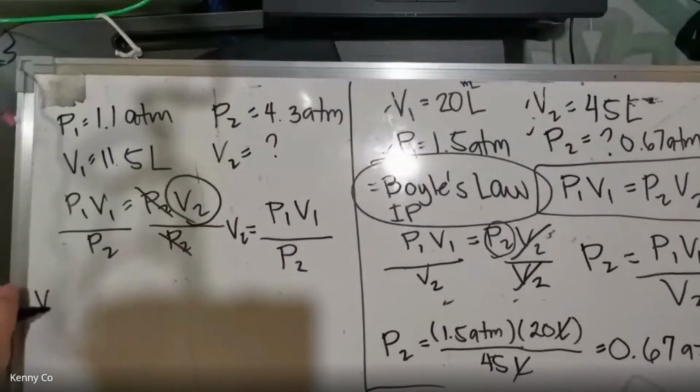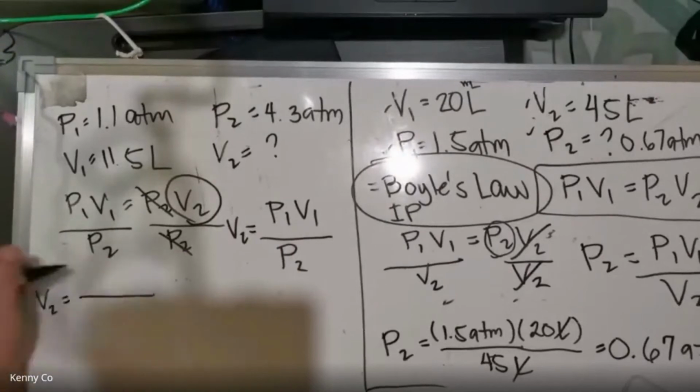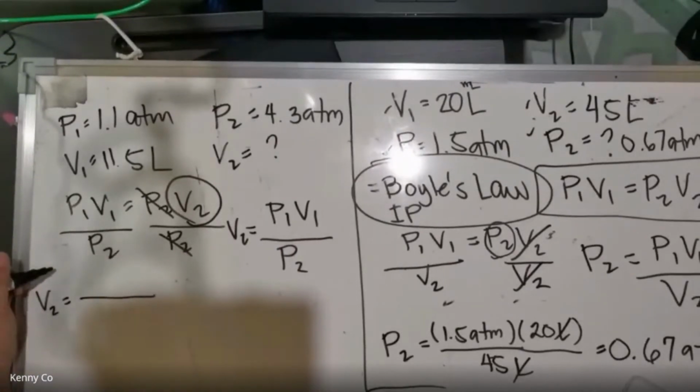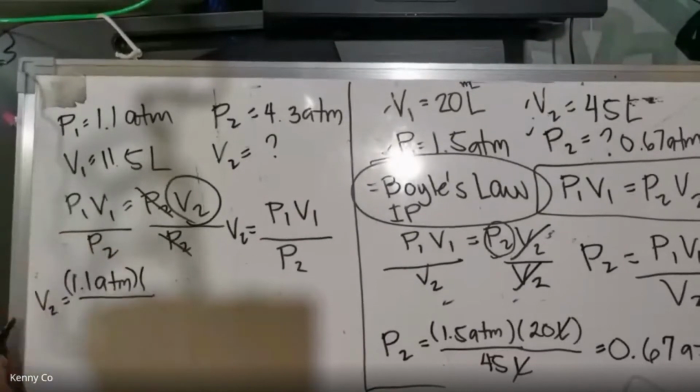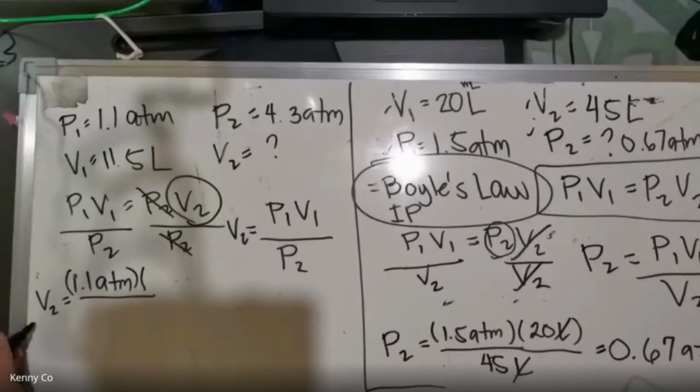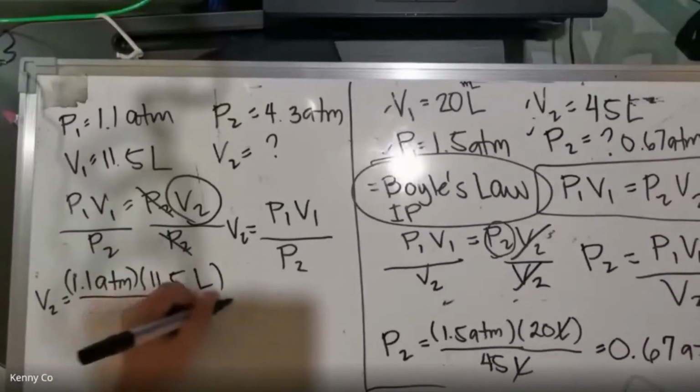So, V2 is equal to, the value of P1 is 1.1 atm. V1 is 11.5 liters.